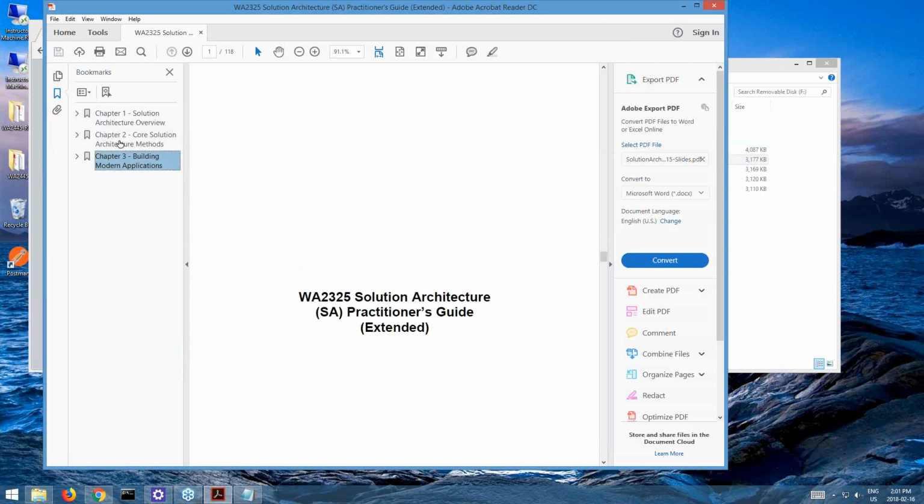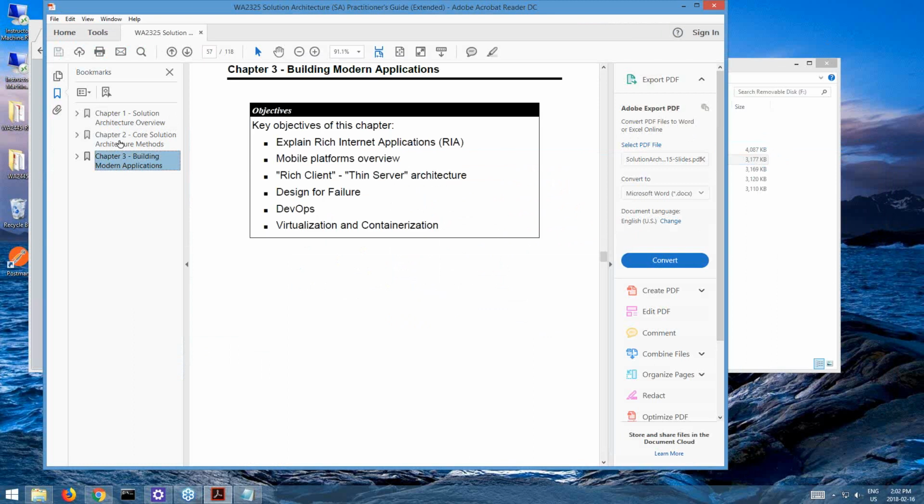And then in Chapter 3, we're going to take a look at how do we build applications in 2018 and onwards. We'll talk a little bit about rich internet applications, and that terminology itself is starting to look a little dated, but you sometimes hear just 4-tier applications or thin front-end applications.